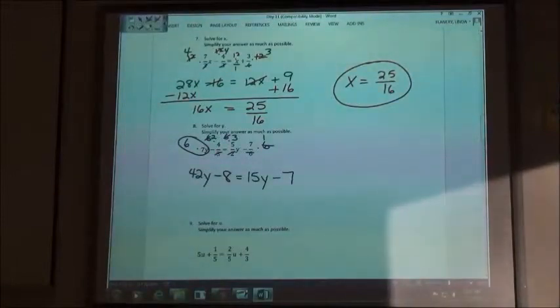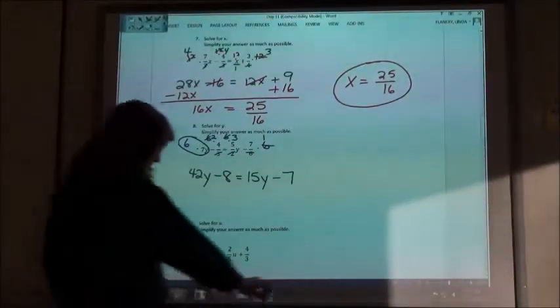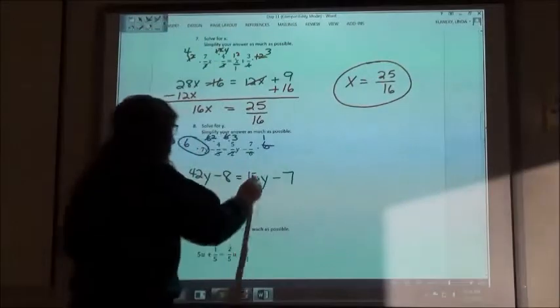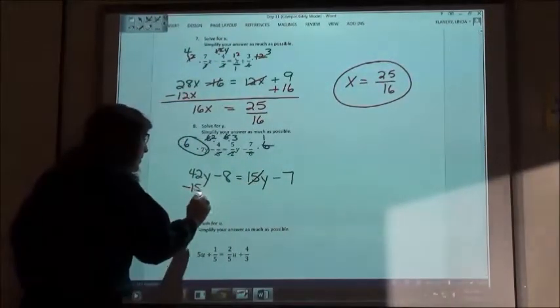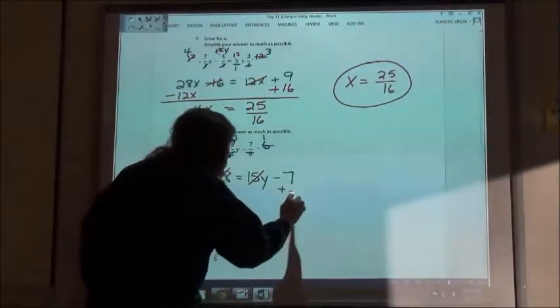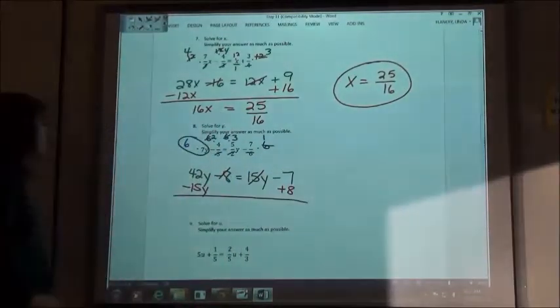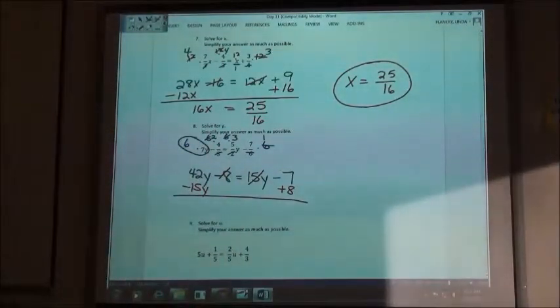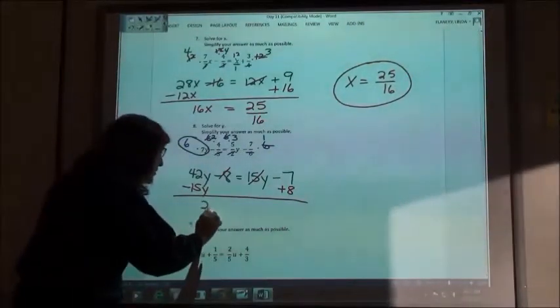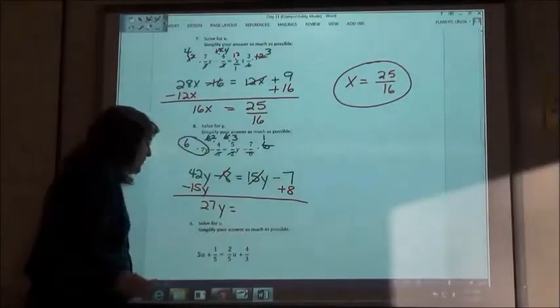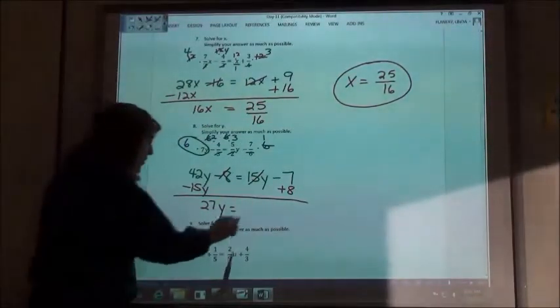So we're going to minus our 15y, plus our 8, exactly. This is going to be 27y equals 1.